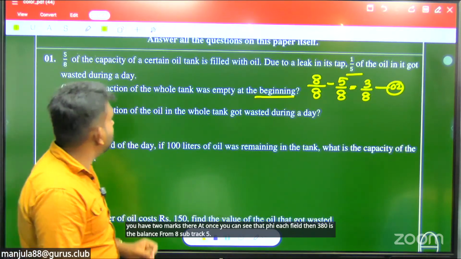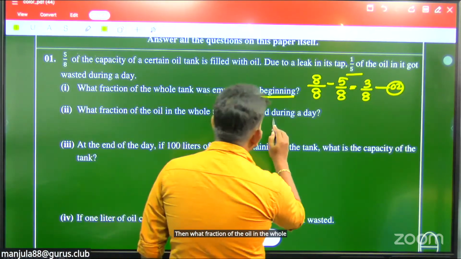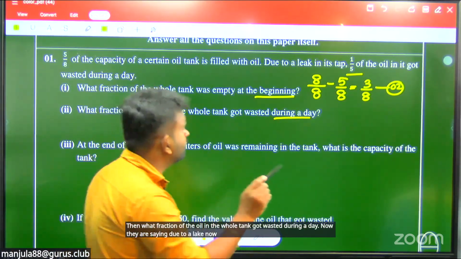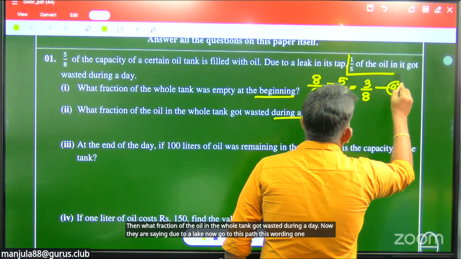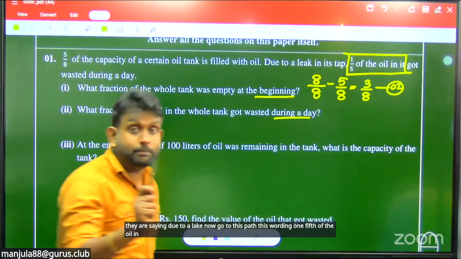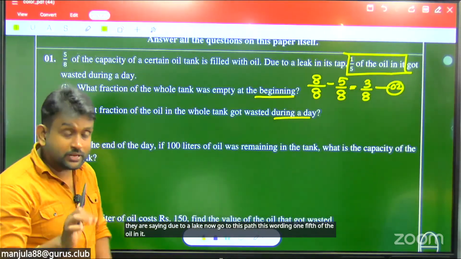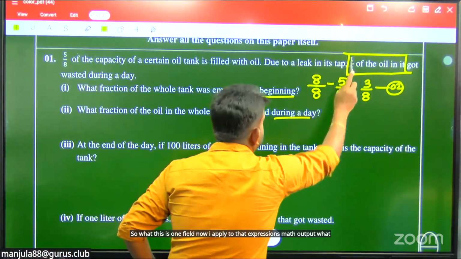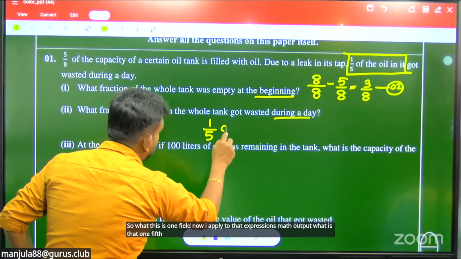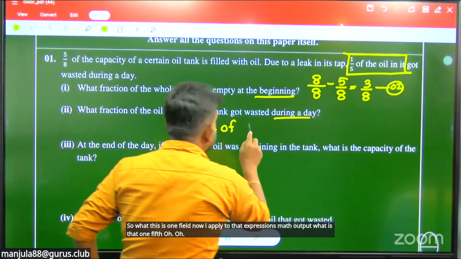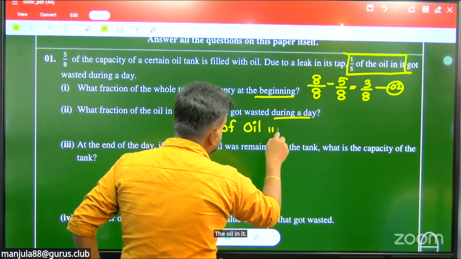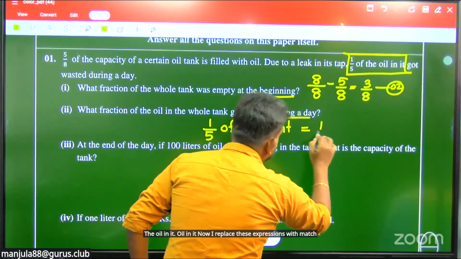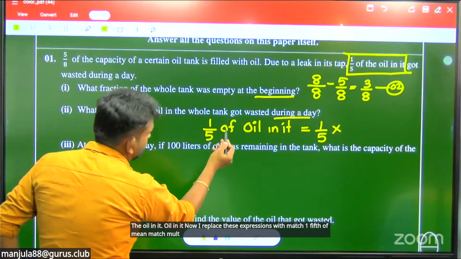Then what fraction of the oil in the whole tank got wasted during a day? Now they are saying due to a leak, 1/5 of the oil in it. මෙතෙන්ට ගිහිල්ලා math එක apply කරන්න. So what they say is 1/5. Now I apply the math to those expressions. 1/5 of the oil in it. 1/5 of means multiplication.